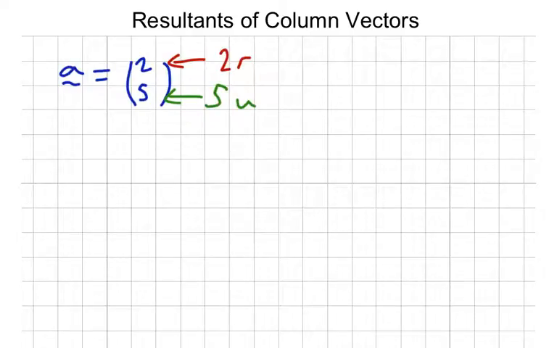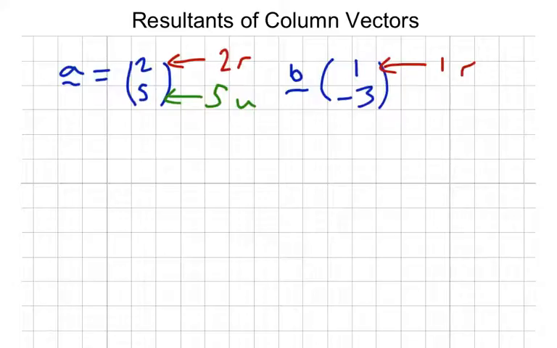If we had another vector B, which is (1, -3), then that one is 1 right, and the bottom one would be 3 down. Remember, negatives are in the opposite direction.